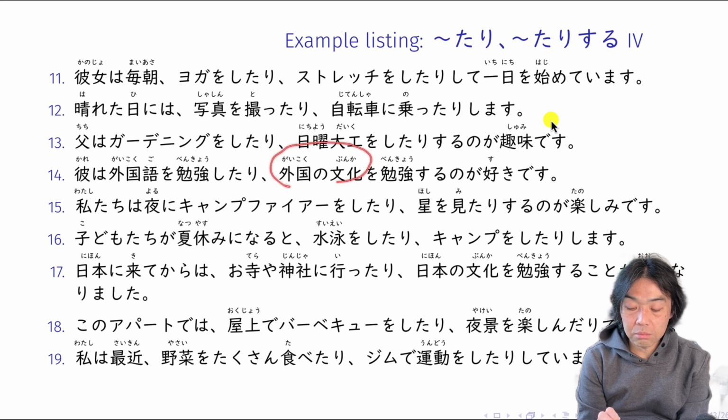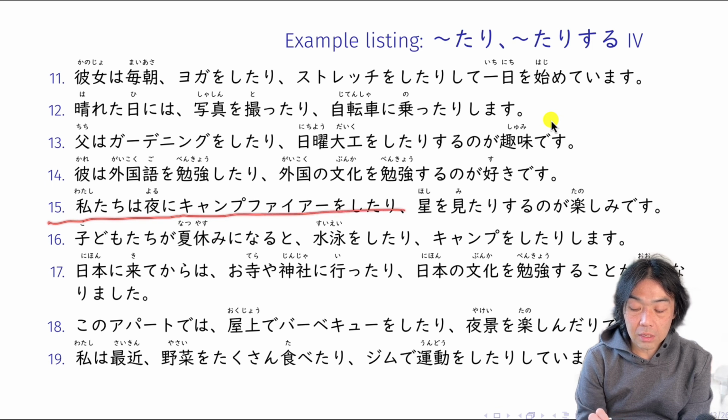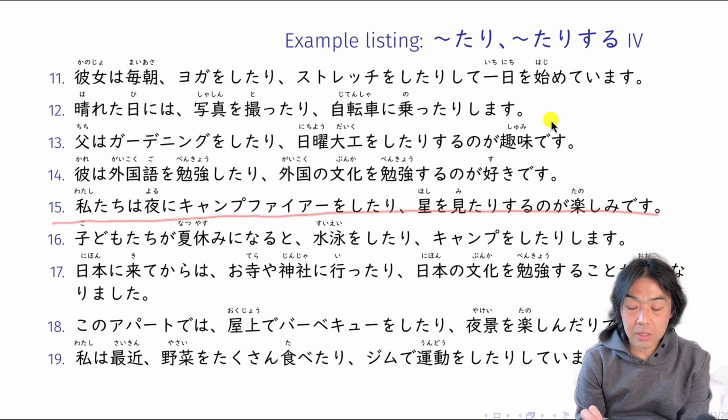So 外国の文化 is a foreign culture, so culture different from yours. 15番、私たちは夜にキャンプファイヤーをしたり、星を見たりするのが楽しみです。星 is star.